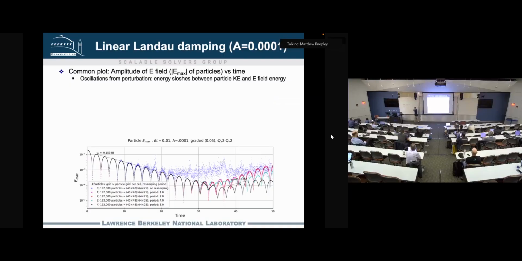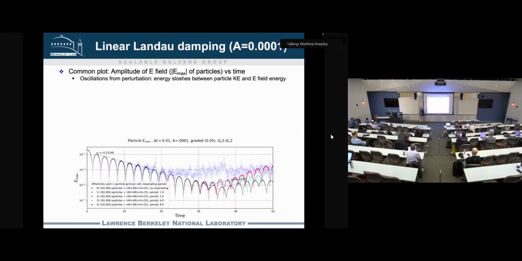When this oscillates, the energy sloshes back and forth between the electric field and the kinetic energy. The energy in the field goes to 0, and then it goes back and oscillates around. So you get this absolute value of a sine wave, and you get an easily seen damping going on.